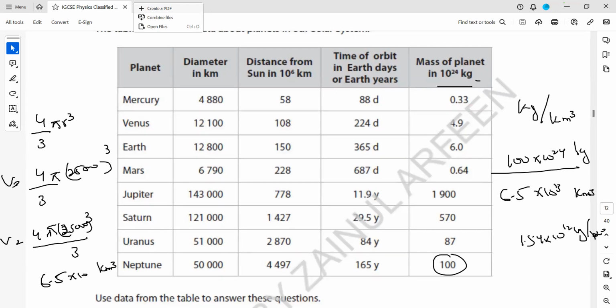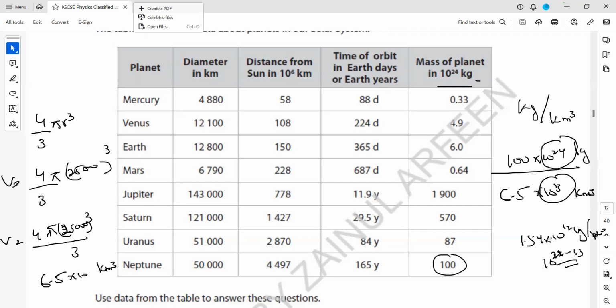No, because if you see the powers, this is 24 and this is 13. When we are dividing positive powers, it will be 10 power 24 minus 13. So there should be a reduction in the power. It cannot increase.